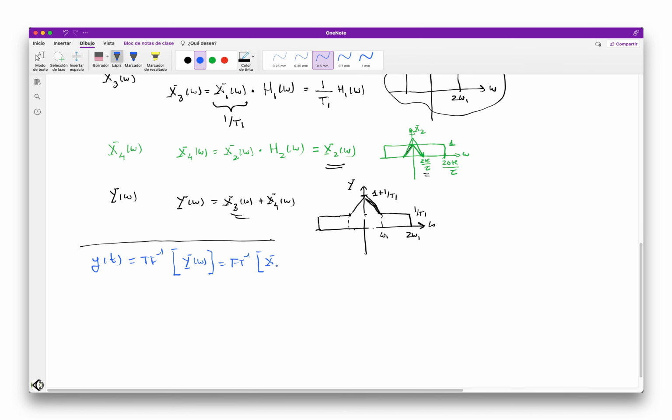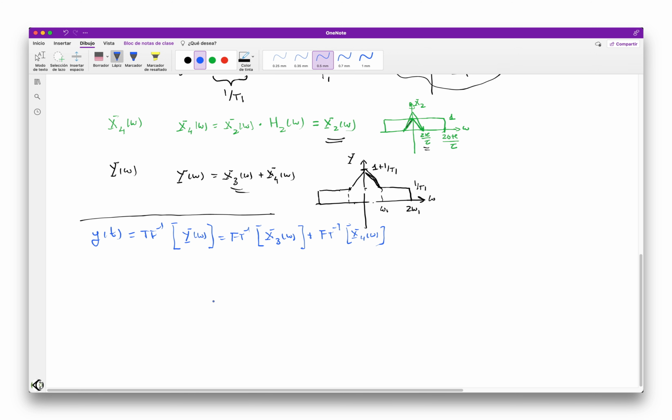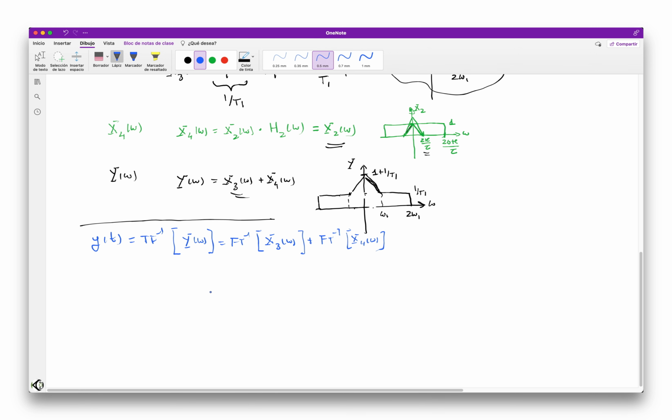So this will be the inverse Fourier transform of x3 plus the inverse Fourier transform of x4. Okay, let's go step by step. Let's go first with x3. We need to calculate the inverse Fourier transform of x3.